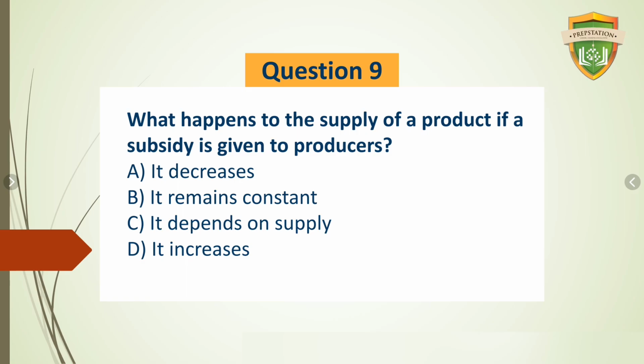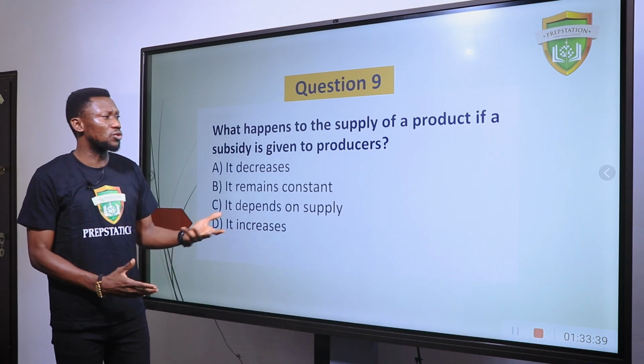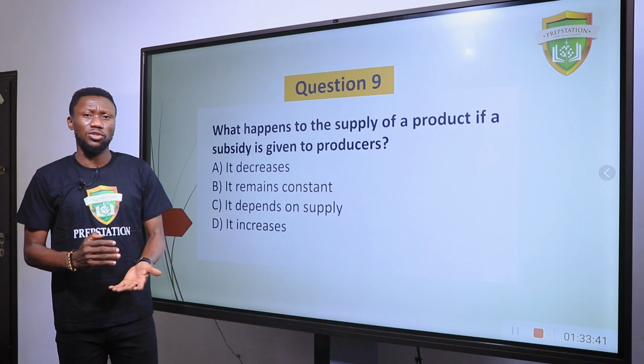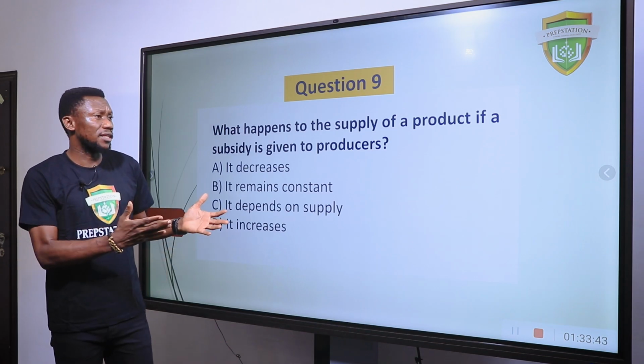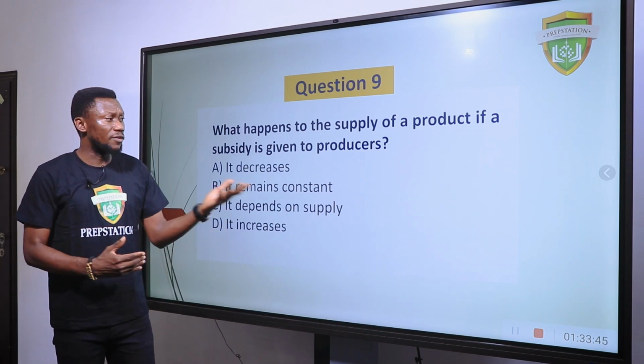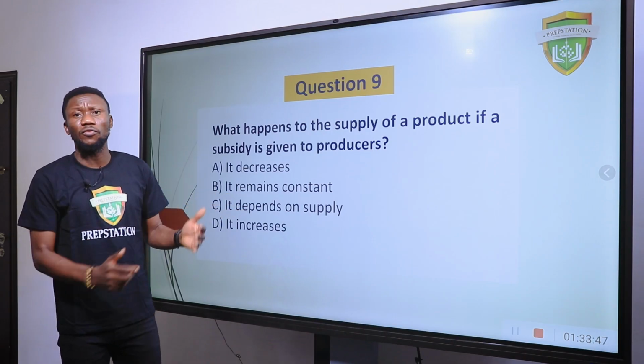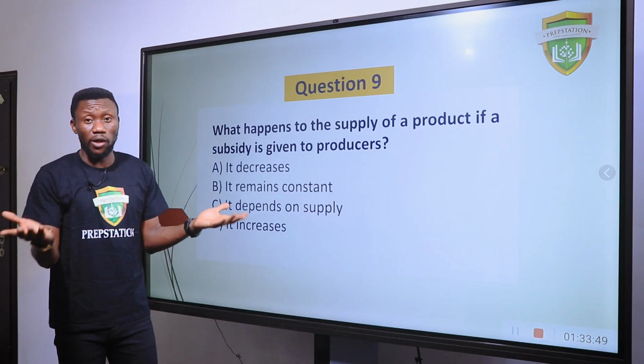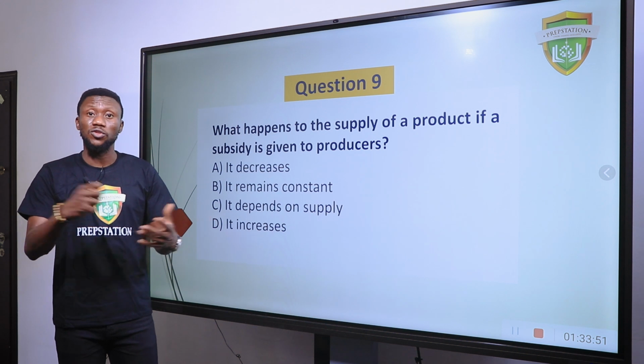Number 9, what happens to the supply of a product if a subsidy is given to producers? You know what a subsidy is? That is money given to producers to reduce the cost of production, or an amount of money given to reduce the price of a good or service. So we were all here when the government removed subsidy from petrol.